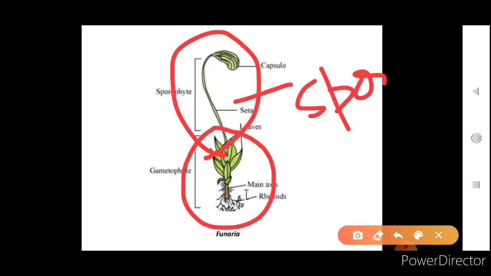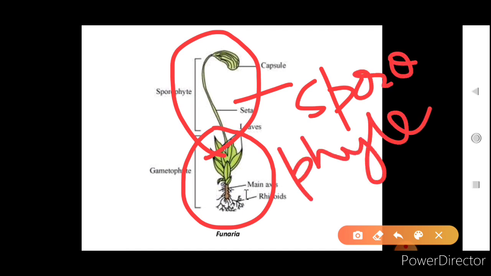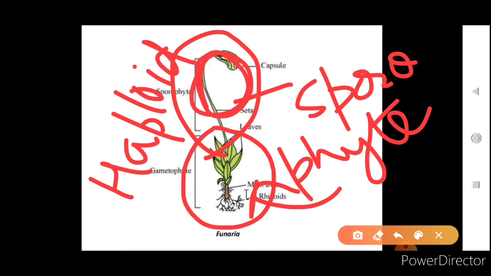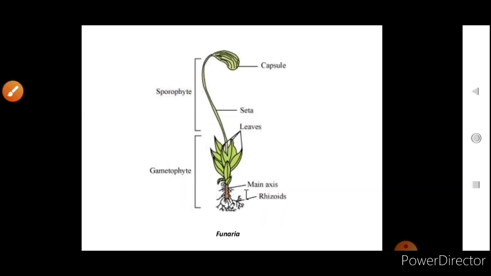So the sporophyte will be dependent on the gametophyte, and the gametophyte will be independent, and it will be the main plant body, and the whole plant will be haploid. Okay, only this sporophytic stage will be the diploid stage, and after the formation of the zygote, it will undergo meiosis and produce haploid spores. Okay, so this is all about bryophytes.